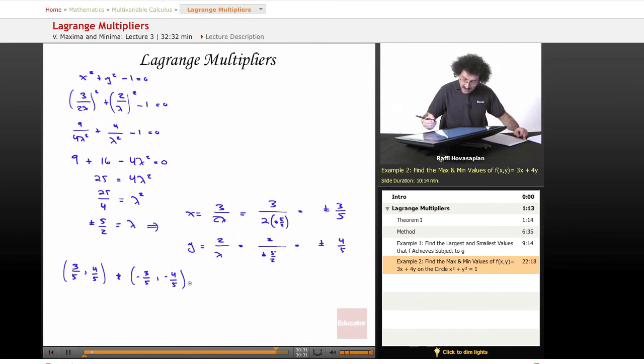Okay, so let's just call this P1 and let's call this P2. So when I take f of P1, in other words, I put it back into the function, 3 times 3x plus 4y, 3 times 3/5 plus, well, you know what? Let me actually work it all out. It's probably a good idea if I work it all out. Yeah, okay, I'll do it on the next page.